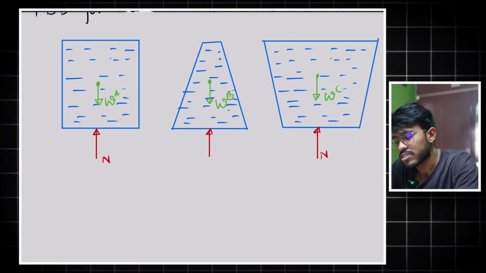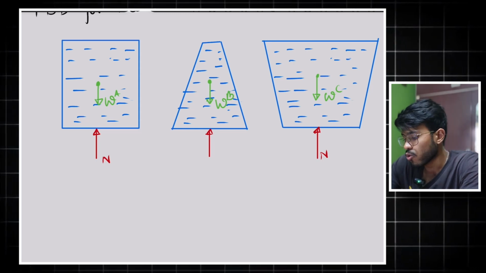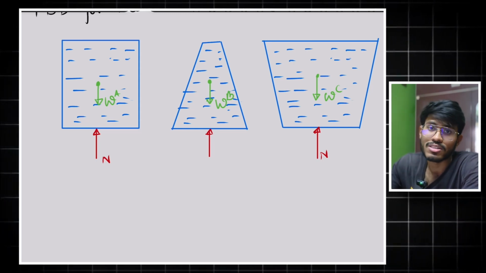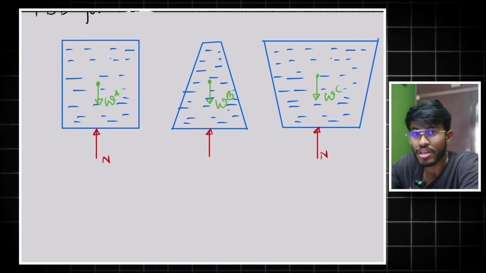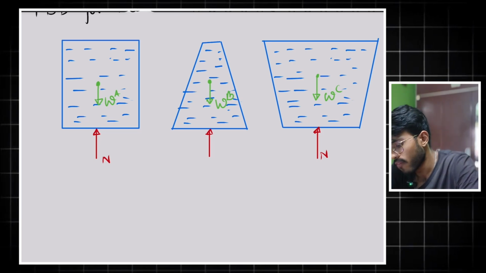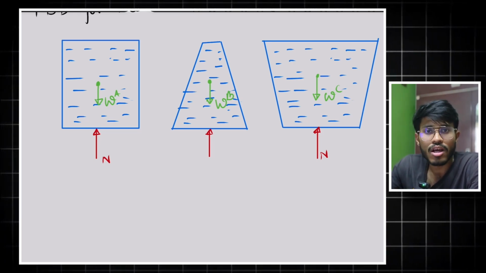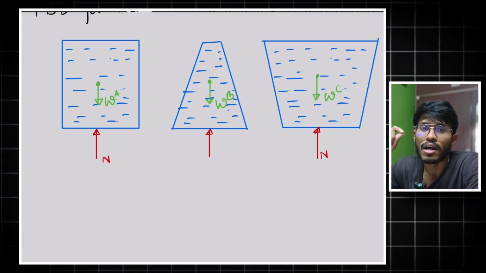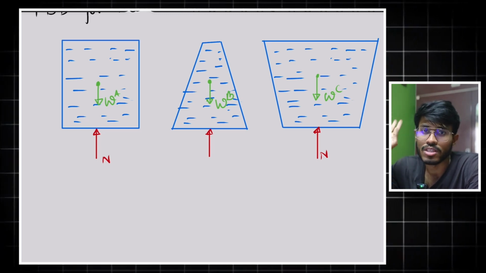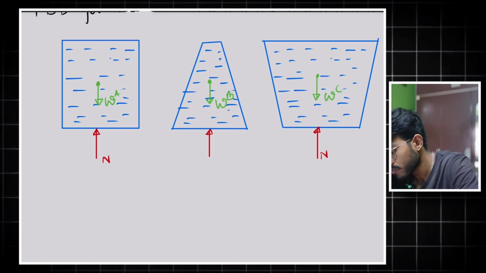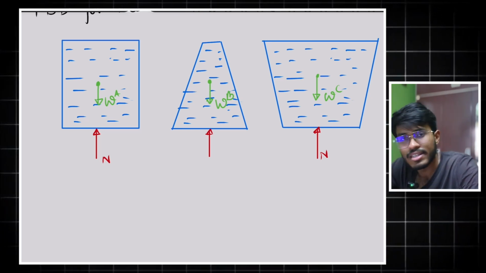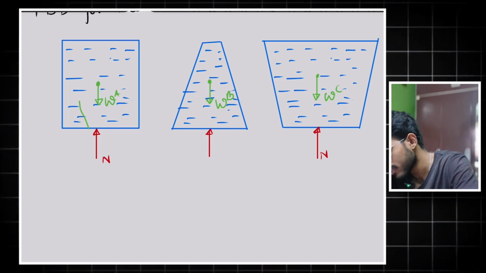So let us see. First of all, if they ask you to find the actual reaction force in terms of H, how can you do it? Obviously, we also need the area and the point through which the force is acting. The pressure distribution will be something like this.